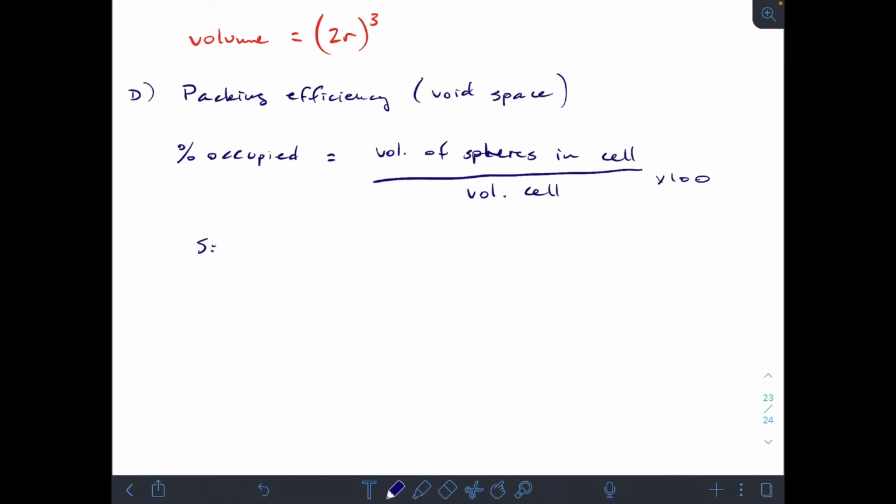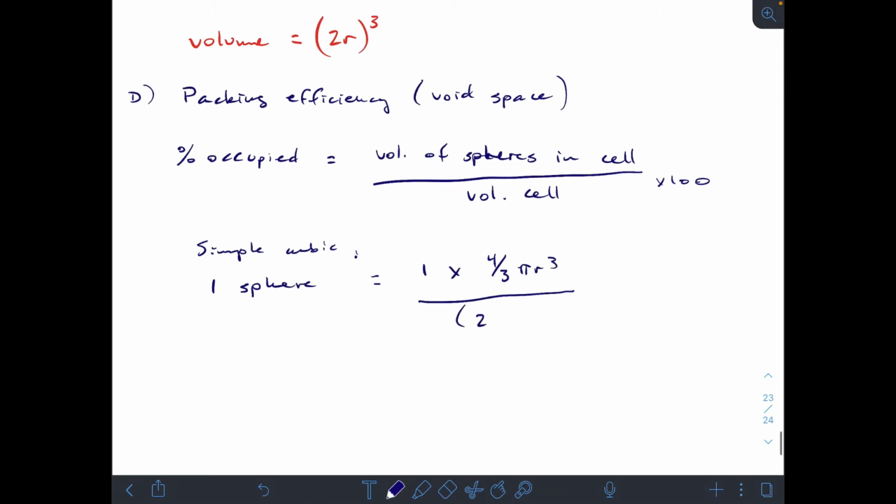Right, so for simple cubic, we have one sphere, so 1 atom per unit cell. So we get 1 times the volume of the sphere, 4/3 pi r cubed, divided by the volume of the cell, which is 2r cubed. The r's cancel out, so we get a packing efficiency of 52.3%. Right, so primitive or simple cubic leaves a lot of empty space.